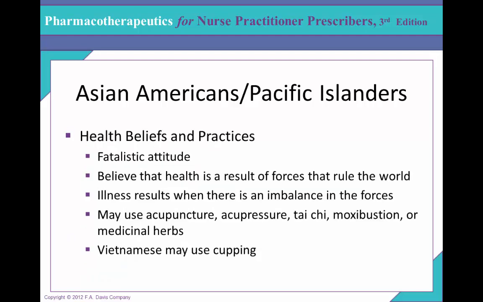They believe that the health is a result of forces that rule the world. They may use acupuncture, acupressure, tai chi, and many herbal medications that could interfere with modern medicine.